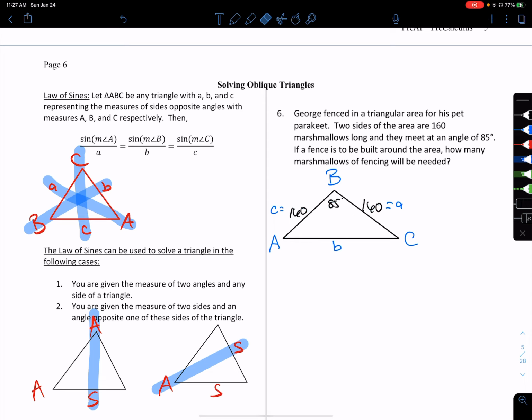But if we examine a little bit closer, if we think back to geometry, this is an isosceles triangle because two sides are the same length. The isosceles triangle theorem says that the base angles have to be the same. So let's just say that this is x.